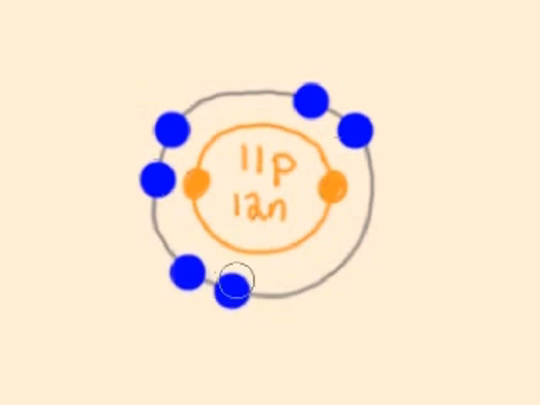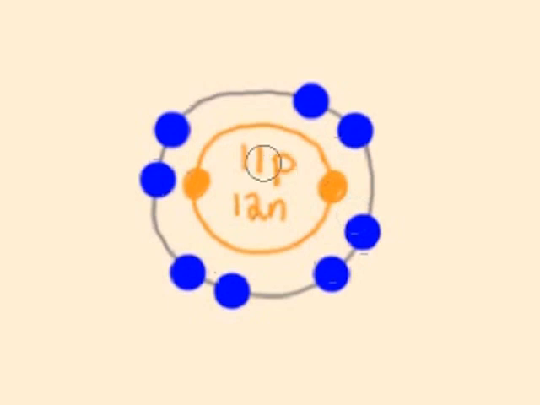And orbiting around this atom, we're going to have 8 electrons. 1, 2, 3, 4, 5, 6, 7, 8.